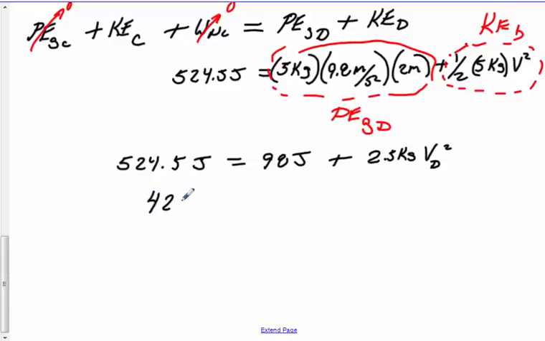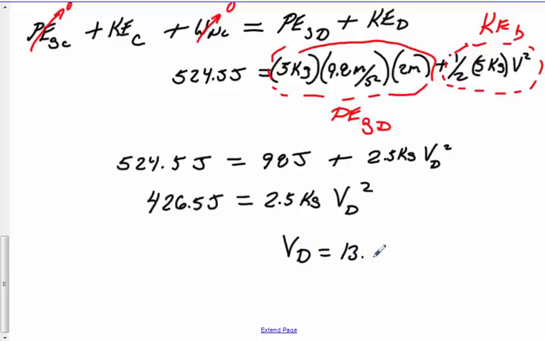So 426.5 joules is equal to 2.5 kilograms times velocity at D squared. I will divide by 2.5. I will take the square root of that, and that gives me a velocity at D of 13.006 meters per second.